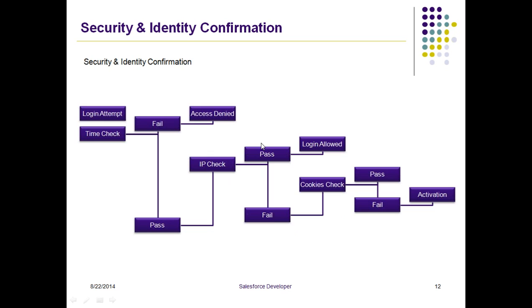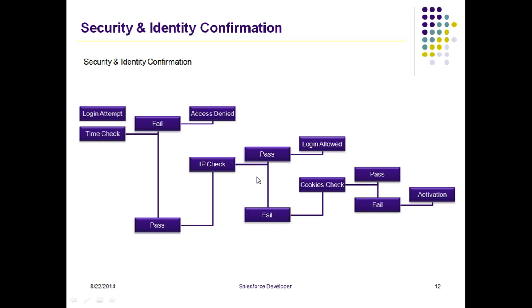In case you are aware of the fact that tomorrow you are going to a client location, or you are going to a different city, and you will need to log in into Salesforce from an IP address which is not trusted, in that case you should get a security token. Got that? So if you combine the security token with the password, then what will happen? Then all this test will not happen.